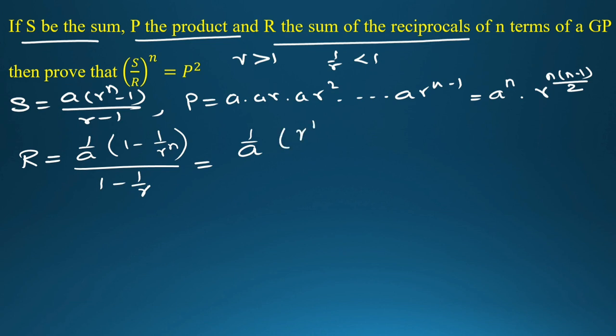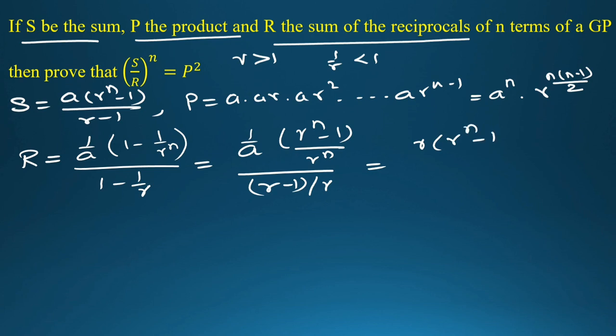So this will be R to the power n minus 1 upon R to the power n divided by R minus 1 upon R, which means it will be R times R to the power n minus 1 upon A times R to the power n times R minus 1.